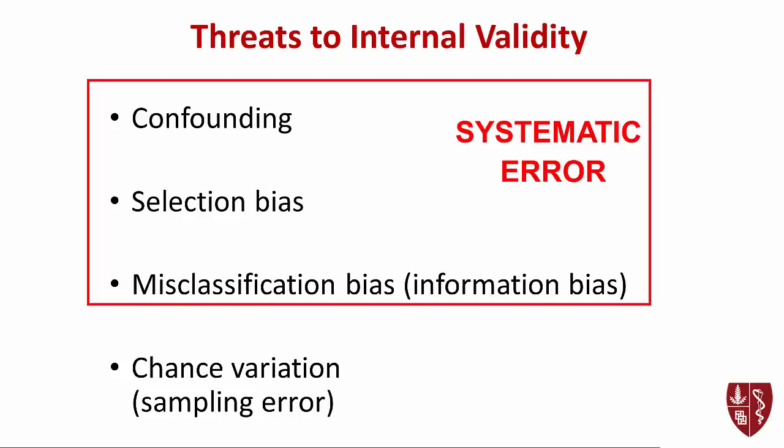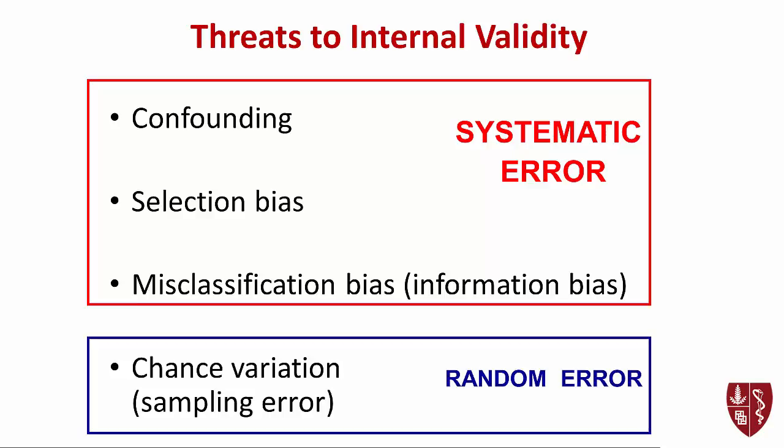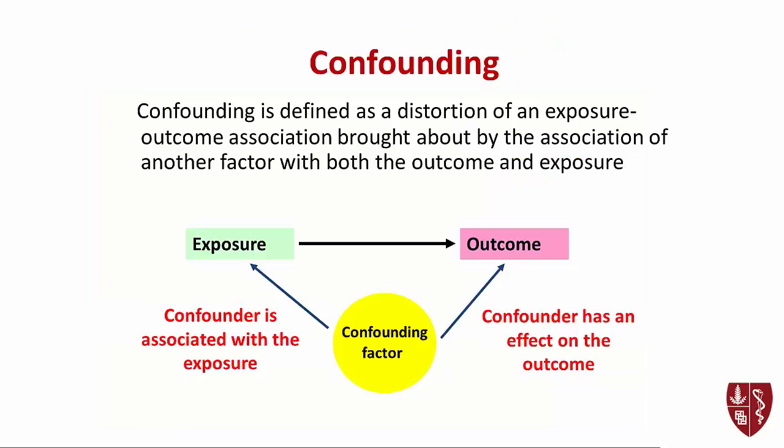One thing to note is that the first 3 sources of bias here, confounding, selection bias, and information bias, are sources of systematic error. On the other hand, chance variation or sampling error is a random source of error. So let's look at each one of these.